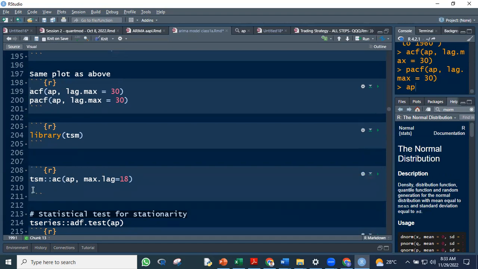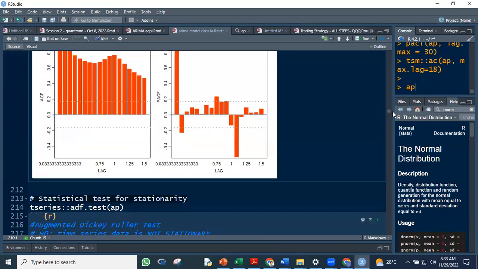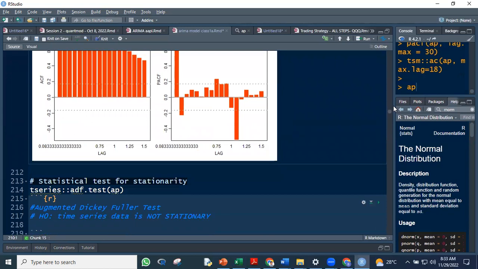And then there's another powerful package in TSM. Although we already loaded it earlier, we can now use the AC function, the autocorrelation function. The beauty of this function is that you don't need to specify ACF and PACF separately. Automatically, it will give us both, side by side.